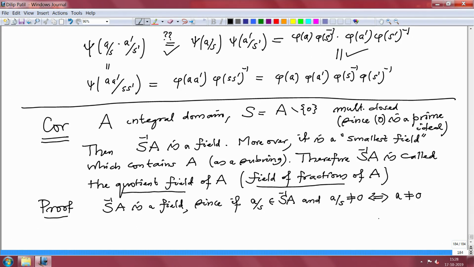So a must be non-zero, or t is a non-zero element, so you can cancel it. So a must be non-zero.